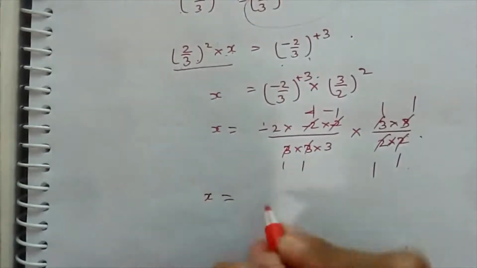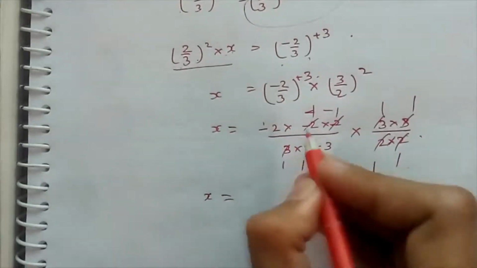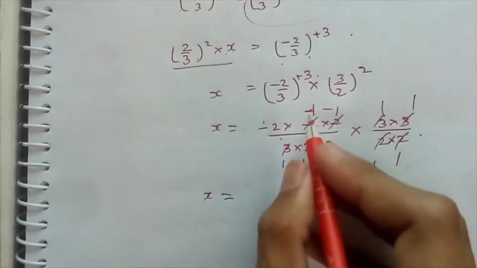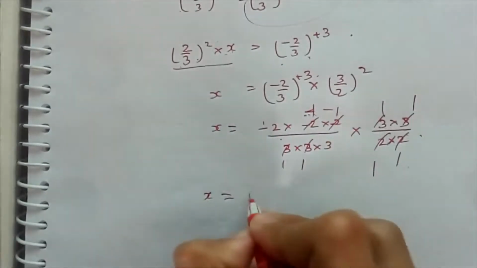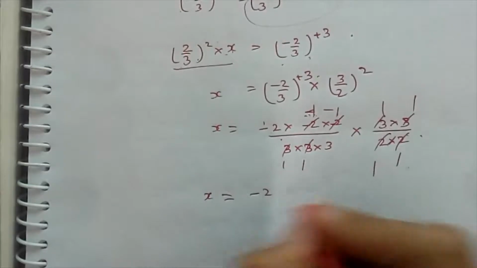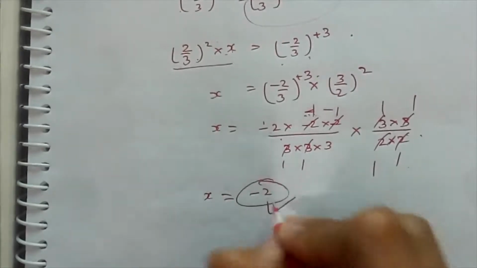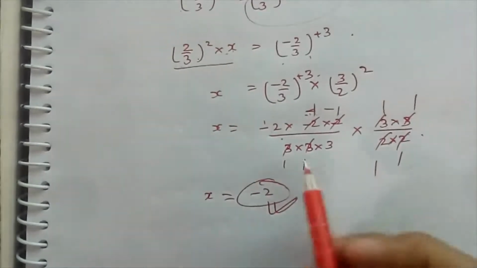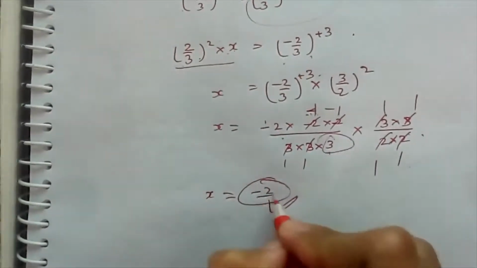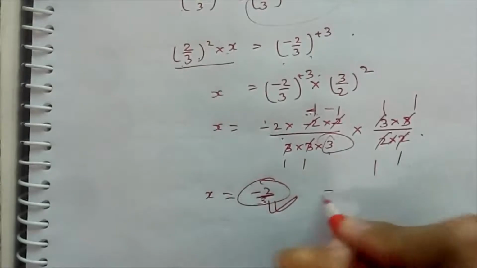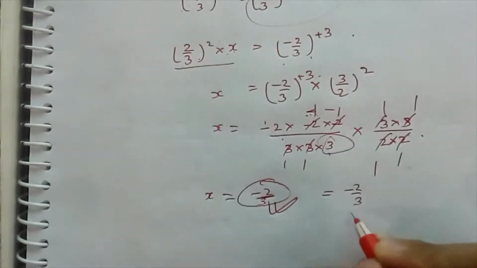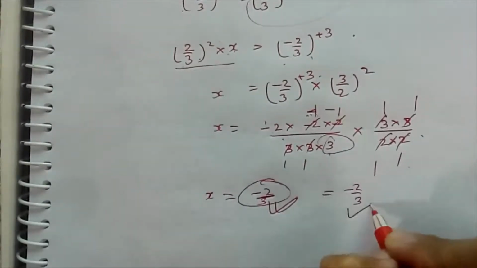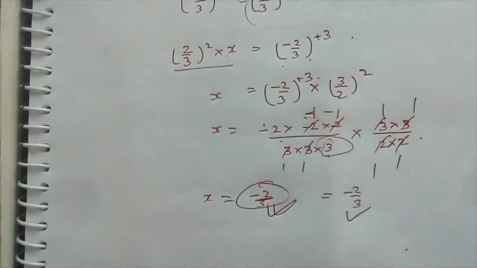Now the answer is minus, minus minus is plus, and then plus minus and 1 is minus. It's minus 2. So x is equal to minus 2 is the answer. Okay. I have missed 3 here. So x is equal to minus 2 upon 3 is the correct answer. Okay, it's the final one.